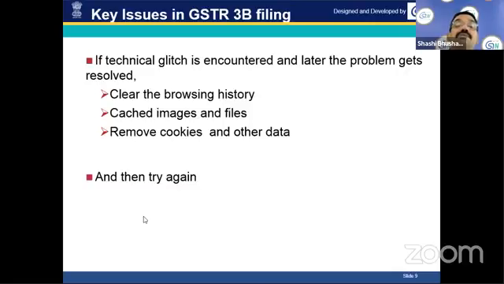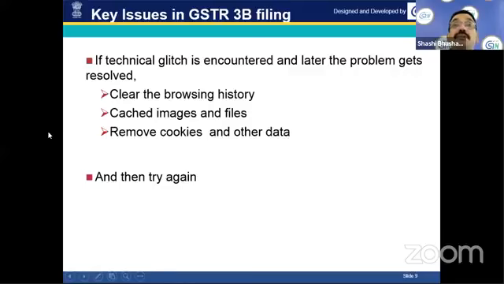For such cases, one general precaution for all applications is that the taxpayer should first clear the browsing history, clear the cached images and files, remove cookies and other data, and then try again.